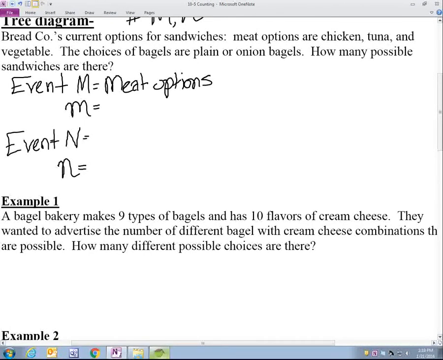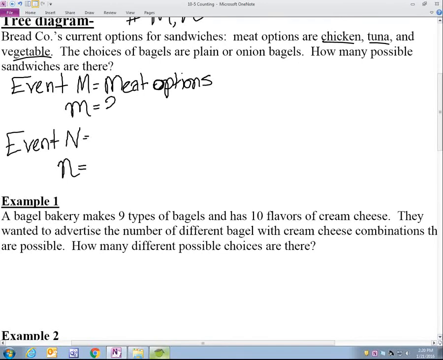And as my definition of the fundamental counting principle goes, it says event M, capital M, can happen lowercase m amount of times. So how many choices are there, Caitlin, for meat options? 3. You have chicken, tuna, and vegetable.